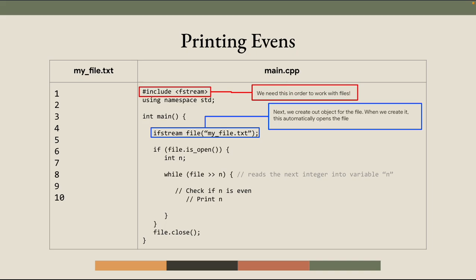In my case, I called it file. Then I pass the name of the file that I'm trying to open. In this left panel, this is what my data looks like, and this is called my_file.txt, which is why I put my_file.txt inside of those parentheses and quotes.